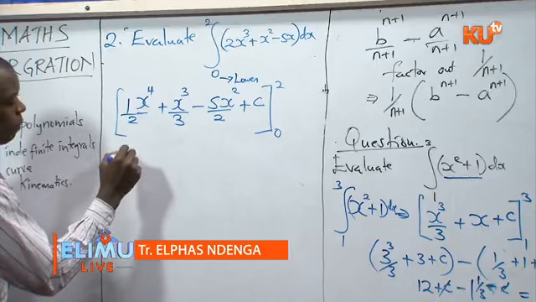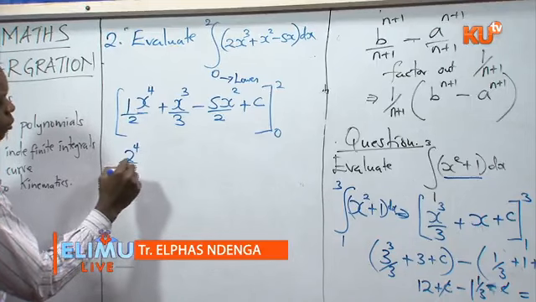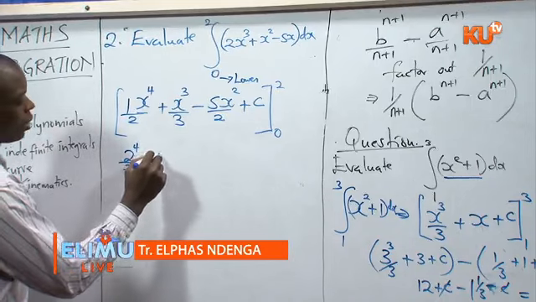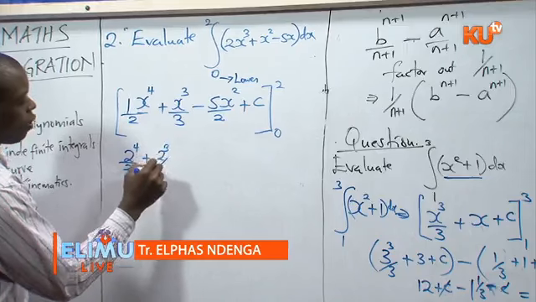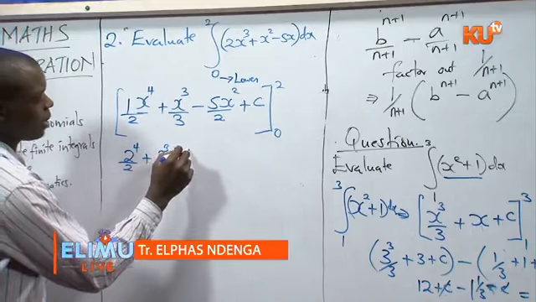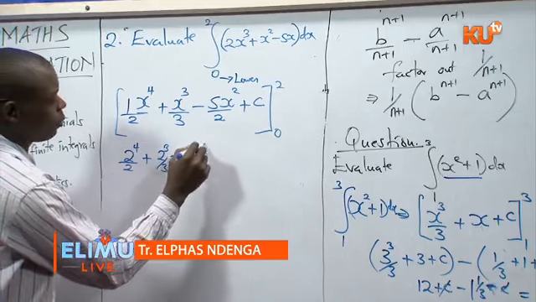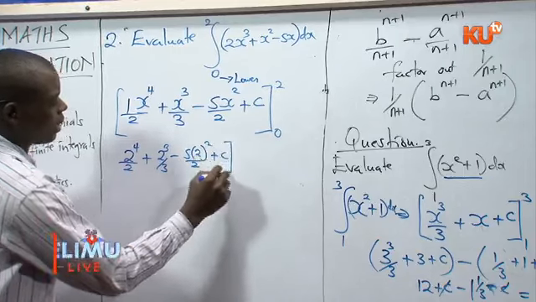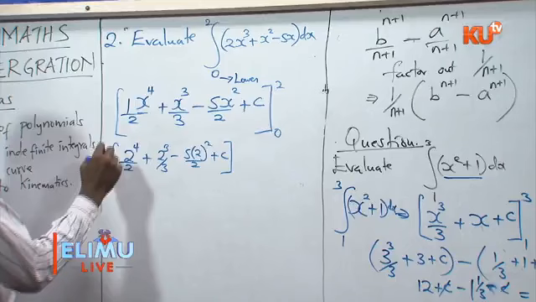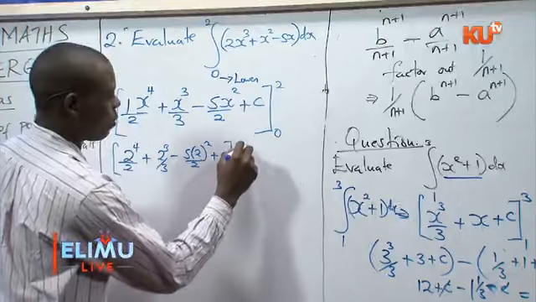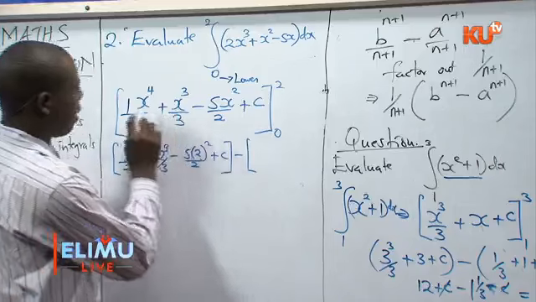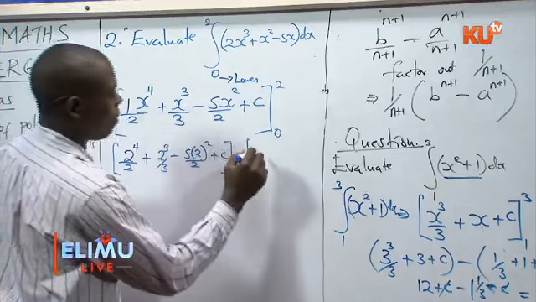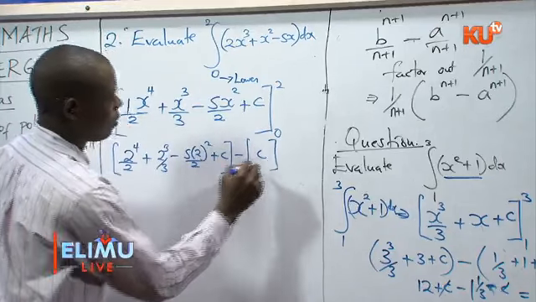We shall have 2 power 4 over 2 plus 2 power 3 over 3 minus 5 into 2 power 2 over 2 plus c. Then we subtract when x is 0. Everything here is 0, then in the bracket we have c.